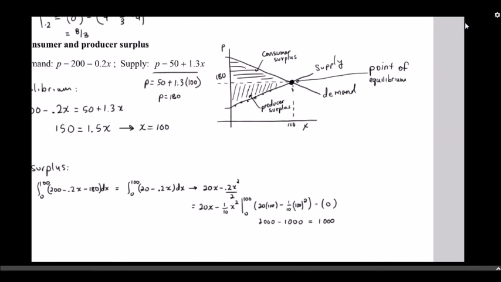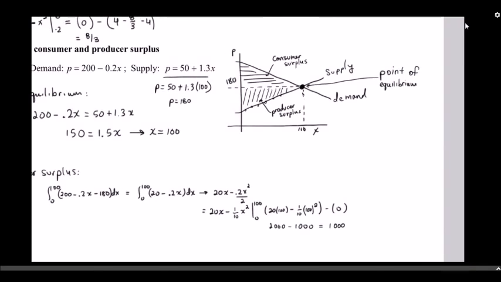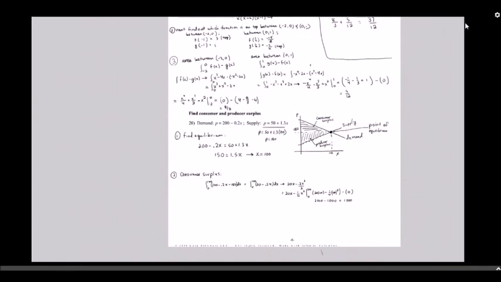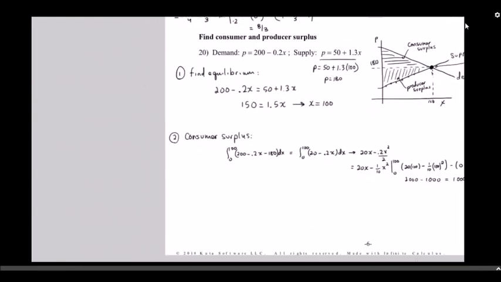So this results in producer surplus. Since it's the area bounded by two curves, the upper curve in this case is going to be the market price, $180, and the lower curve is going to be the supply function, which is 50 plus 1.3x. I need to set up another integral problem.